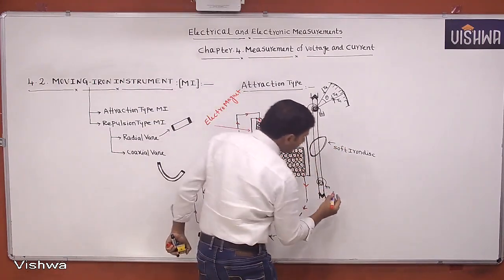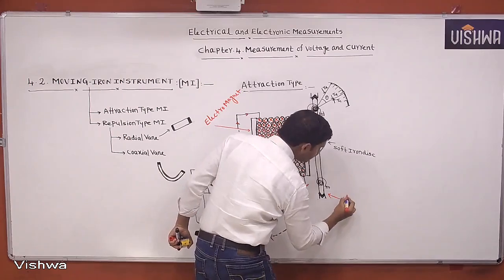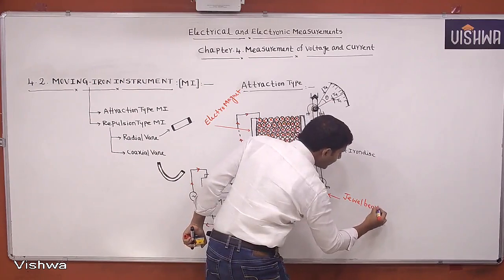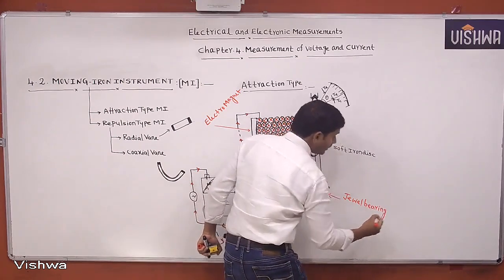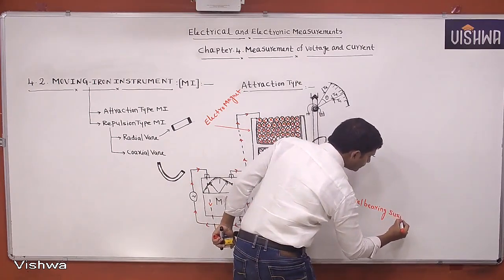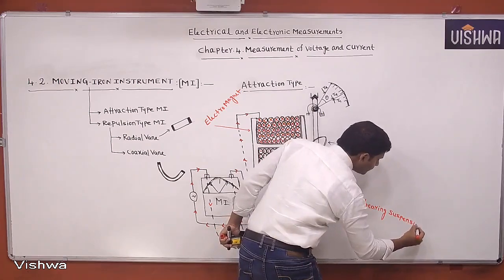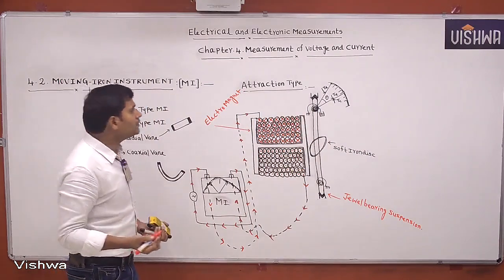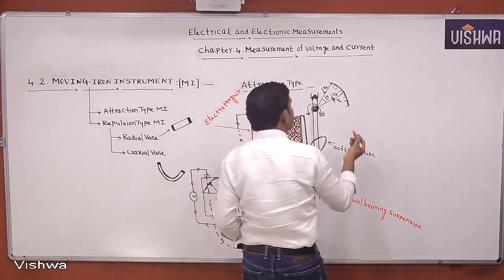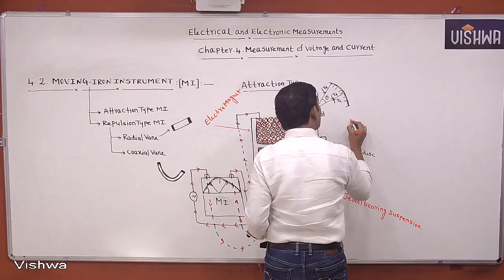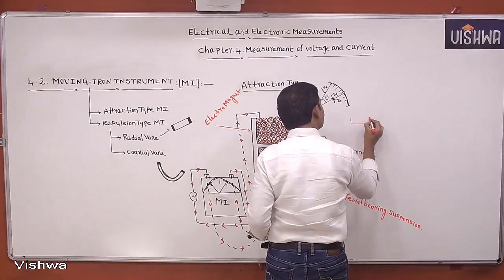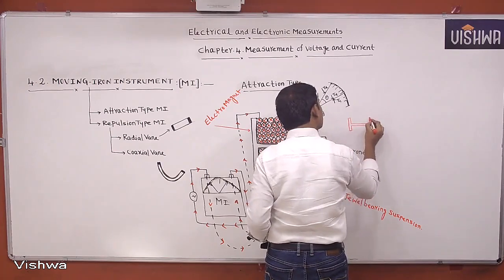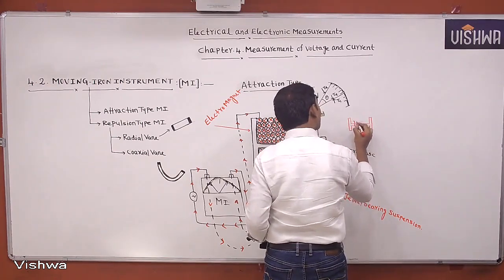This is the jewel bearing suspension. We know how we generally represent an electromagnet. An electromagnet is represented like this.